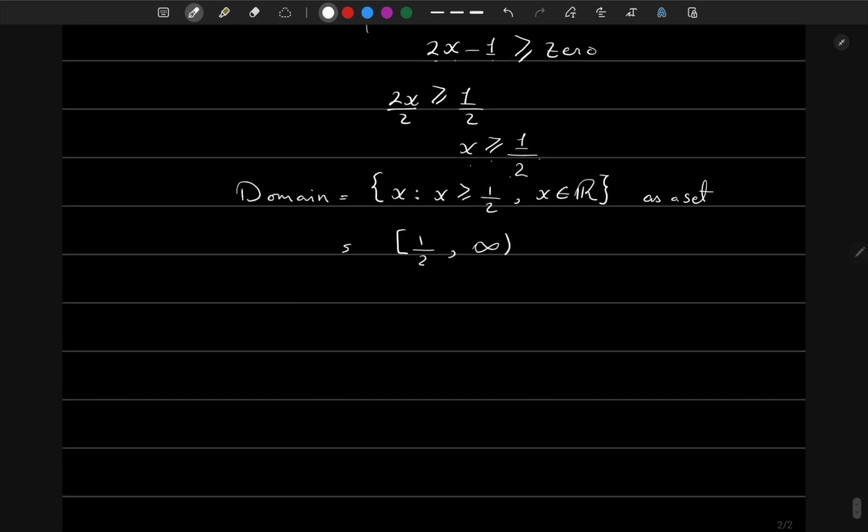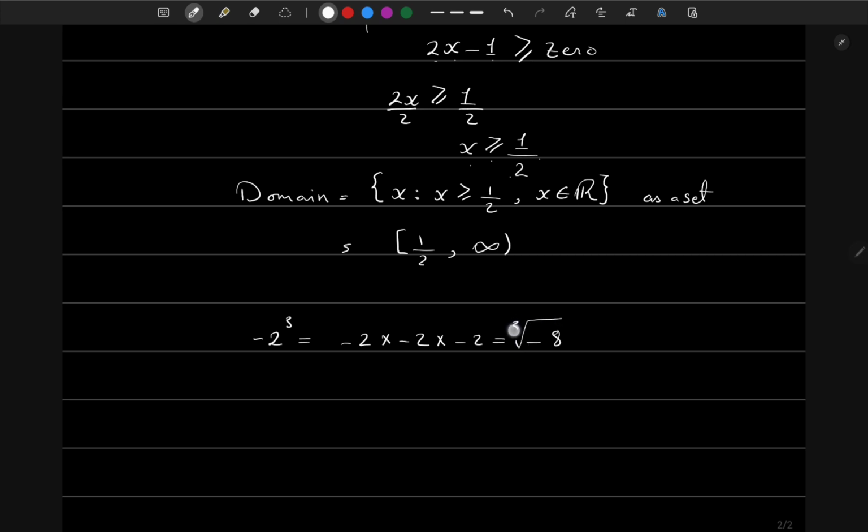Now, what about a cube root? What about a fourth root? Cube roots and fourth roots are different, because you can have a negative number under the cube root. For example, negative 2 to the power of 3 equals negative 2 multiplied by negative 2 multiplied by negative 2, which equals negative 8.